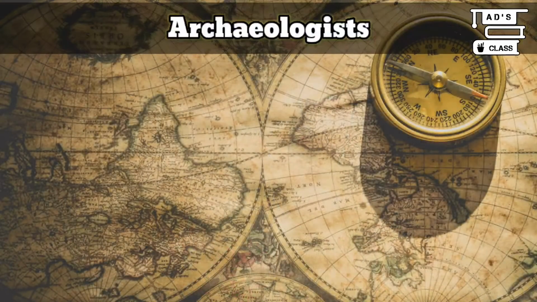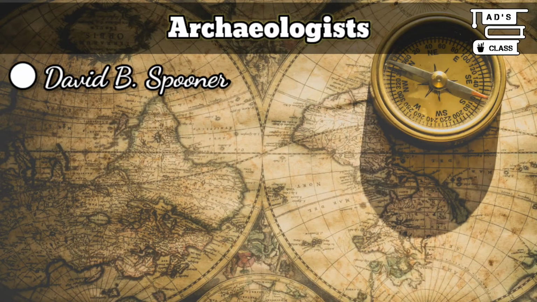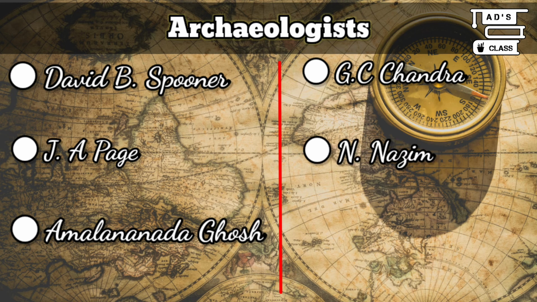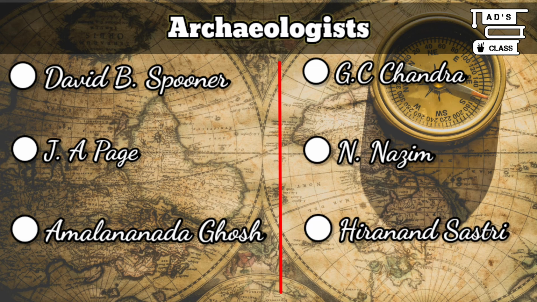Few of the archaeologists who have participated in the excavation of these archaeological sites are David B. Spooner, J. A. Page, Amulananda Ghosh, G. C. Chandra, N. Nazim and Hiranand Shastri.